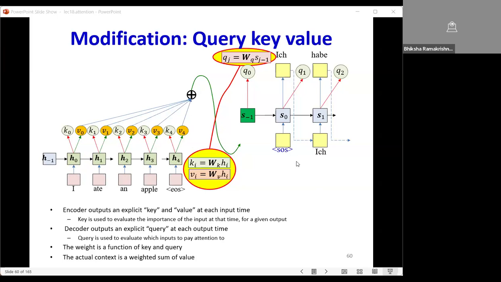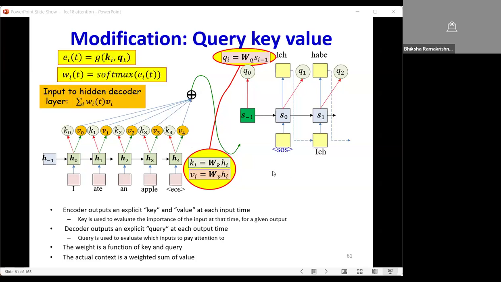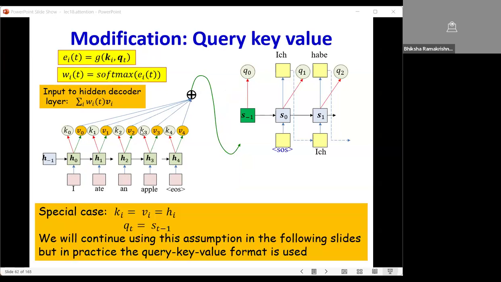So this is a big step up from what we just saw. Here, the raw attention weight is going to be a function of the key and the query, and you get a weight. The input to the decoder is going to be a weighted sum of the value. That way you get both the coarse granularity for attention and the fine granularity for the actual context vector. The special case is where you don't bother to make these distinctions.